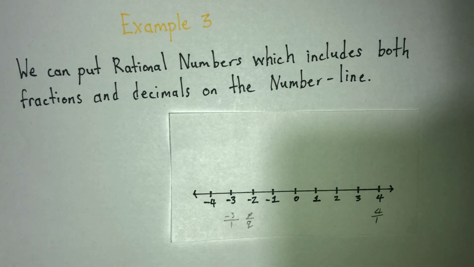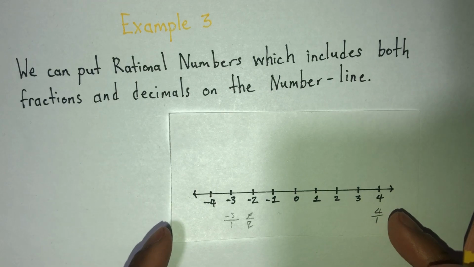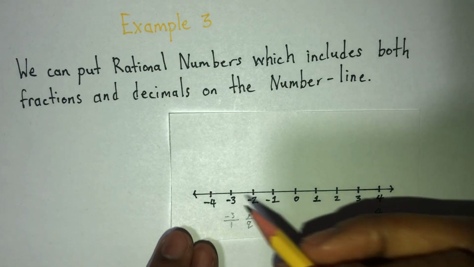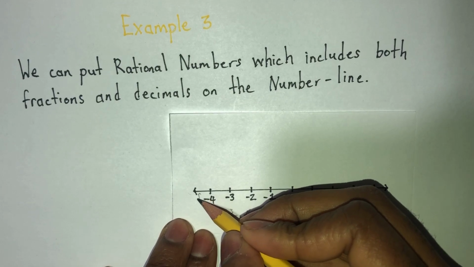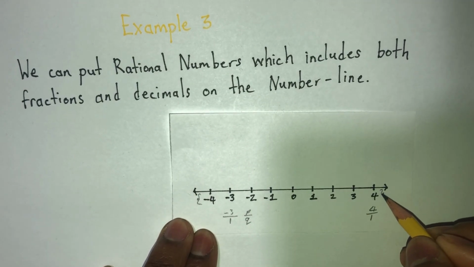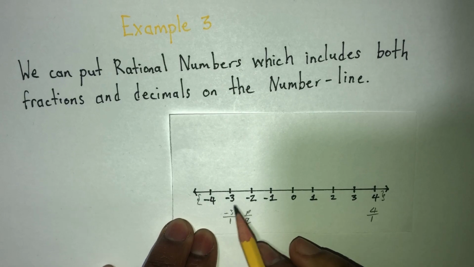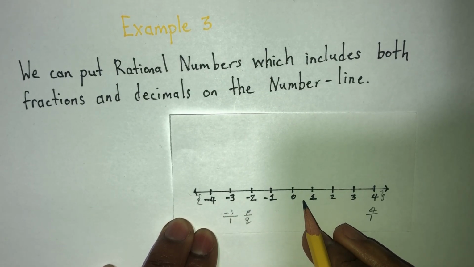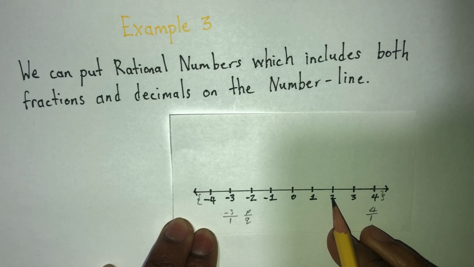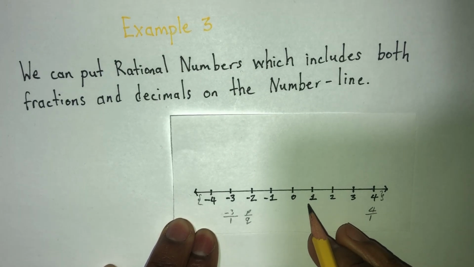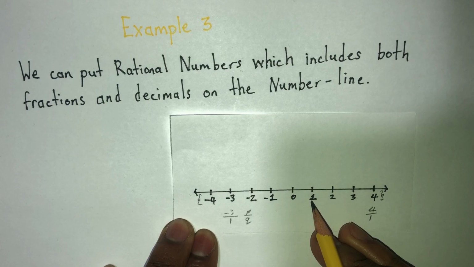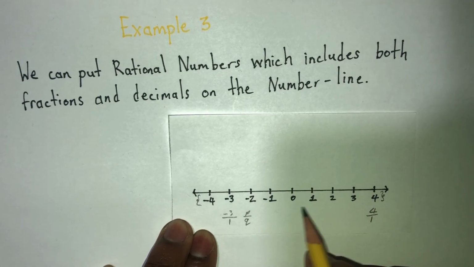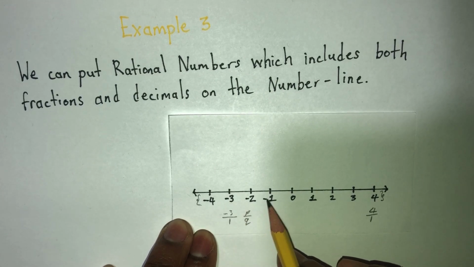And as I said earlier, all the numbers here are real numbers. So the next thing to note, these numbers are also integers because, from our definition of integers, integers are natural numbers and their negative counterparts.